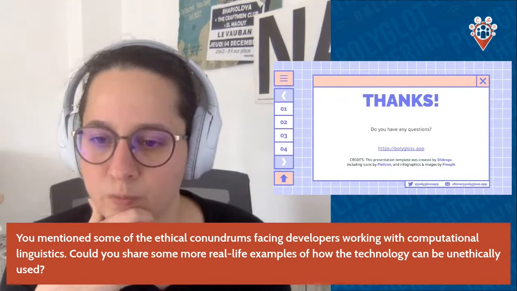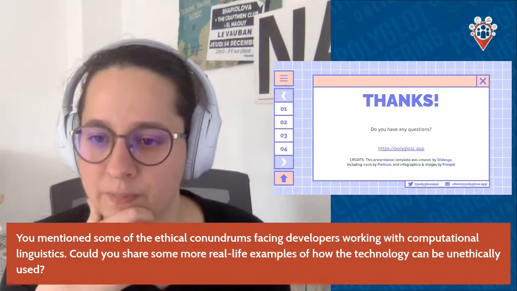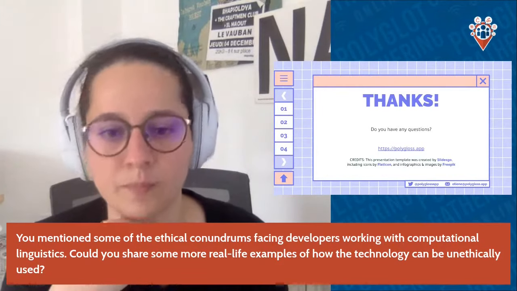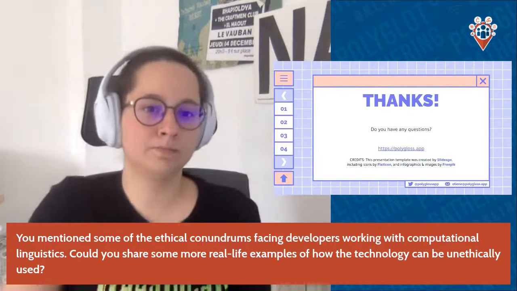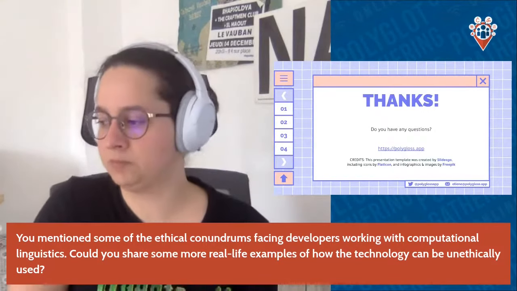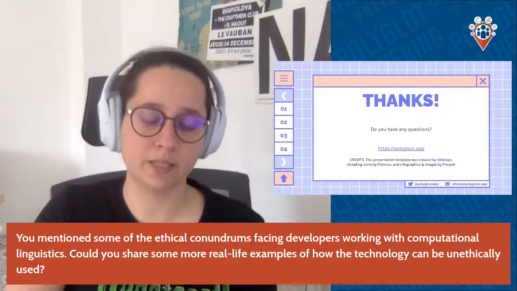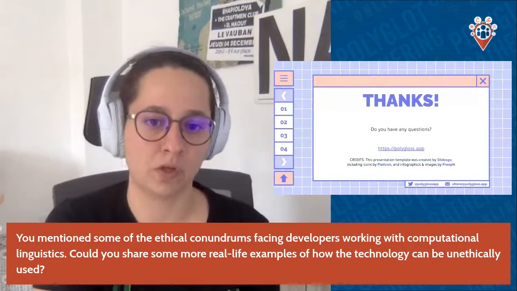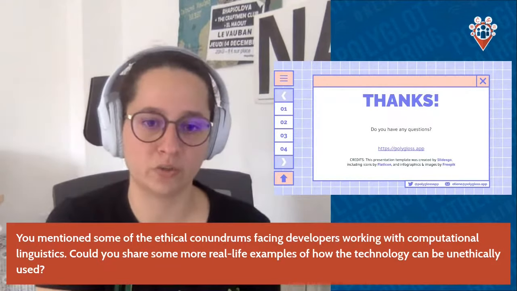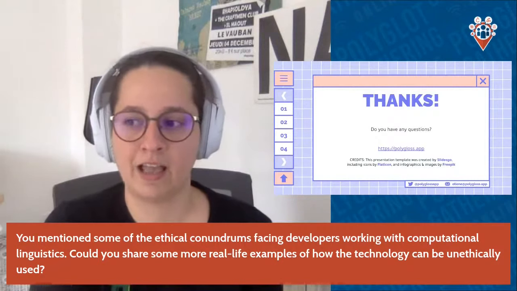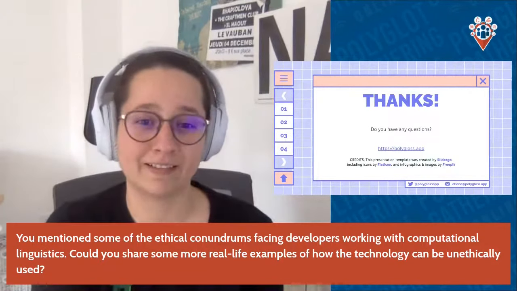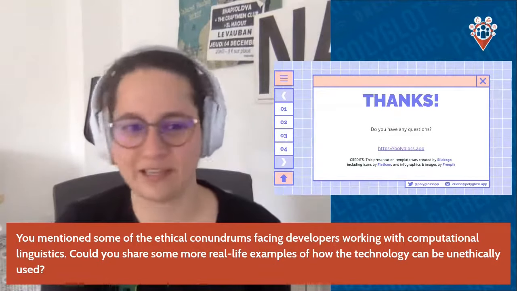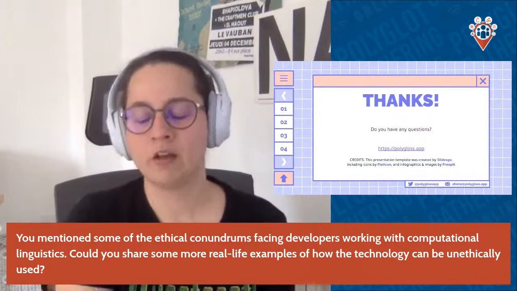You mentioned some of the ethical conundrums facing developers working with computational linguistics. Could you share some more real-life examples of how the technology can be unethically used? Yes. One problem is in translating, and how these models, when they're used in translation, can attach bad information to a place where previously there was no information.